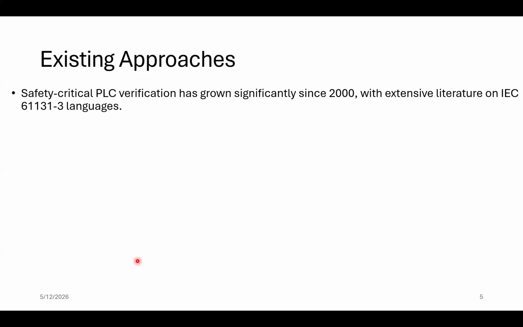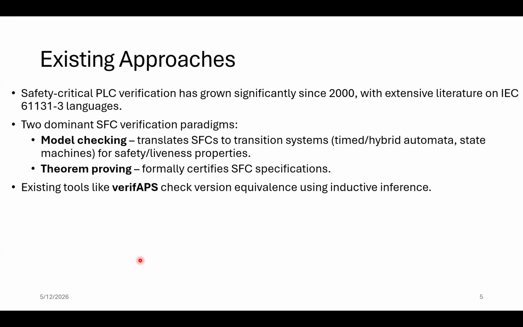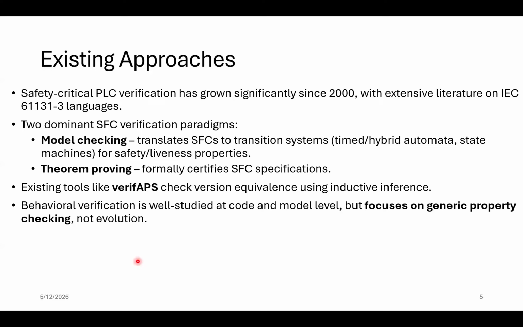But most existing methods focus on property verification, either model checking or theorem proving. Tools like VerifyApps exist, but they assume the net structure is static, and they struggle with PLC tick semantics, that is, the cycle-based synchronous execution. So there is a gap.